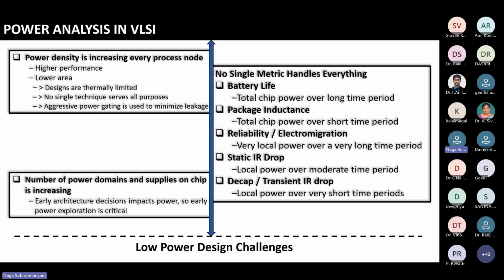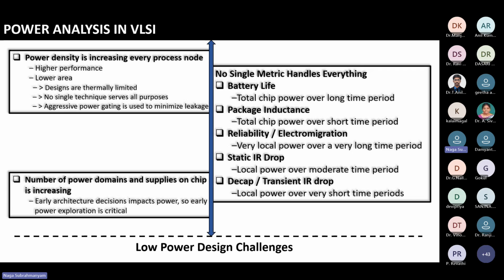Suppose an SoC has some subsystems, and each subsystem is seen as one process node. That node needs a very low area, and in that small area we have to include all our logic.